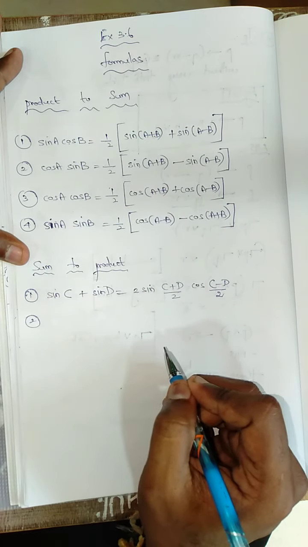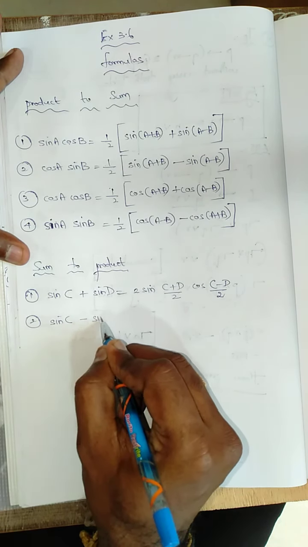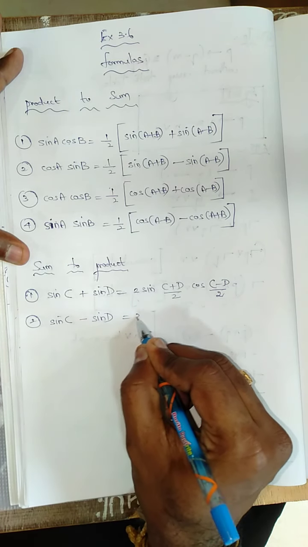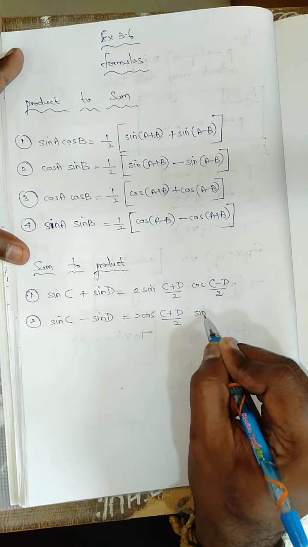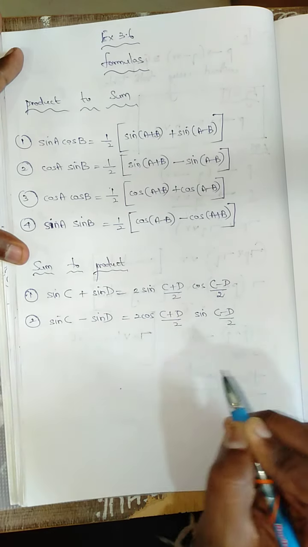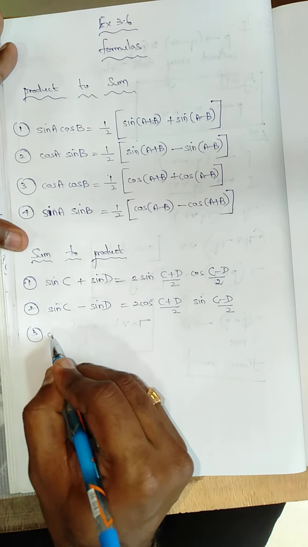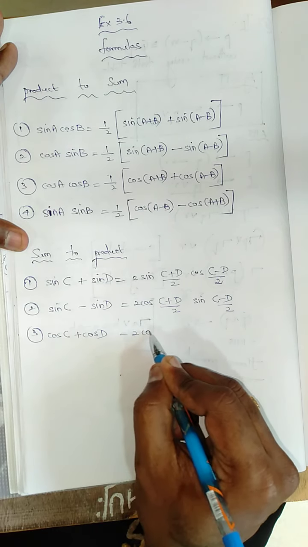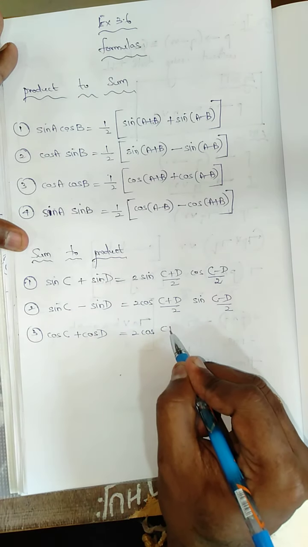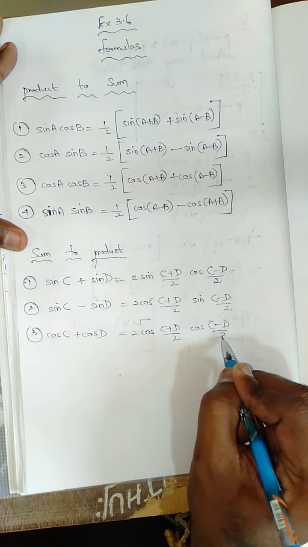The next formula, sin C minus sin D, is nothing but 2 cos C plus D by 2 into sin C minus D by 2. Next, the third formula, cos C plus cos D is equal to 2 cos C plus D by 2 into cos C minus D by 2.